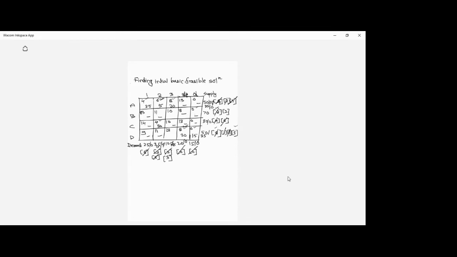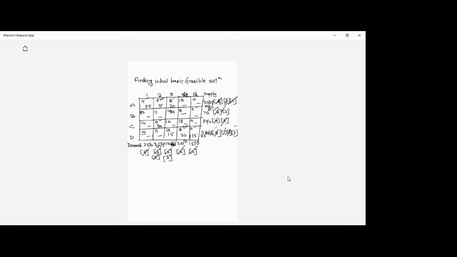Firstly, let's do the allocation in this particular cell. So if I do this allocation here, it will be 0. This penalty will get cancelled. 85 will get converted into 15. Sorry, here I'll have to update. It is 0 here now, and it was 0. So here it is 15.